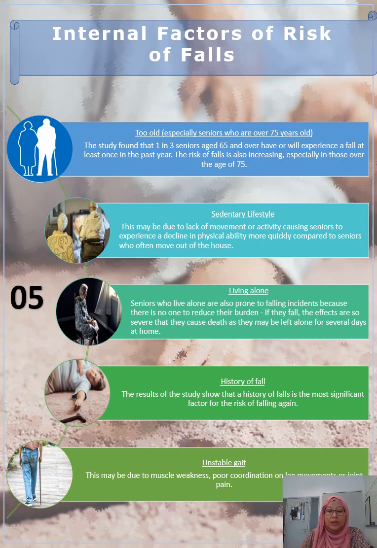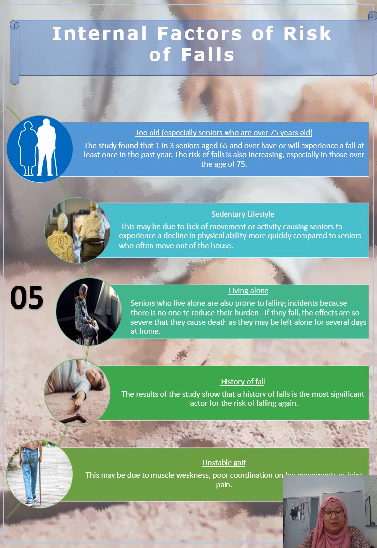So let's look at some of the internal factors of risk of falls. Okay, you can see in the slides, the first one could be very advanced age, especially seniors who are over 75 years old. So age is an internal factor that may not be modifiable. Okay, so age is a non-modifiable factor.